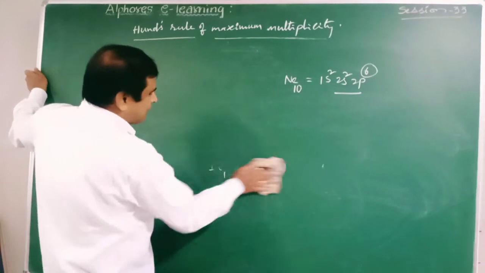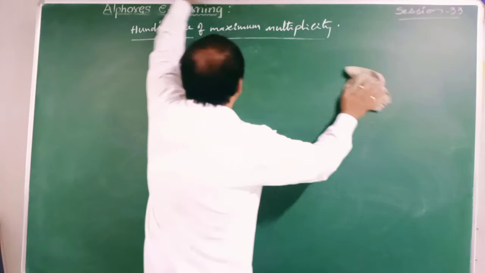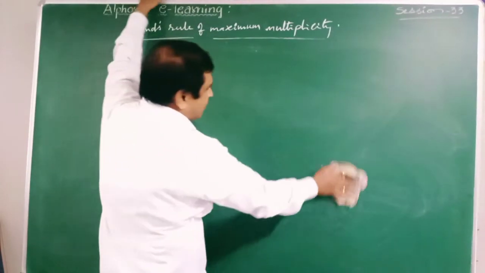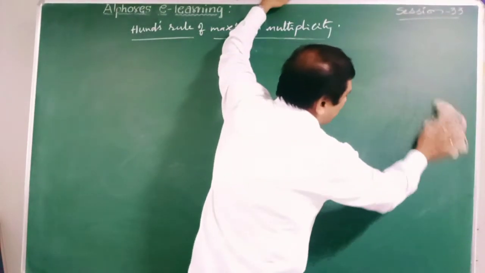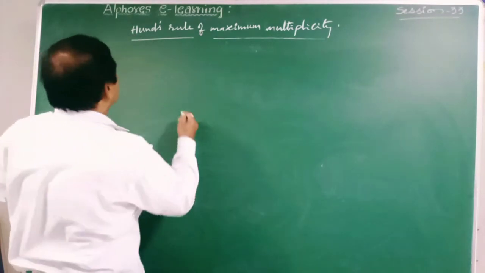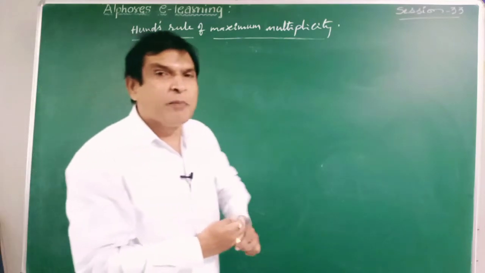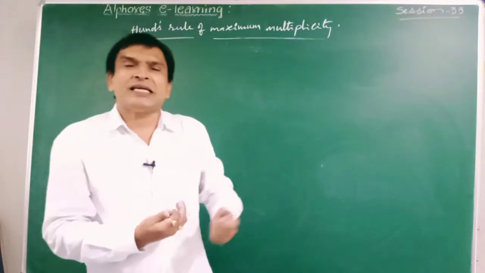Next, coming to the special electron configuration of chromium and copper. Let us discuss chromium, atomic number 24. Chromium and copper show anomalous electron configuration.